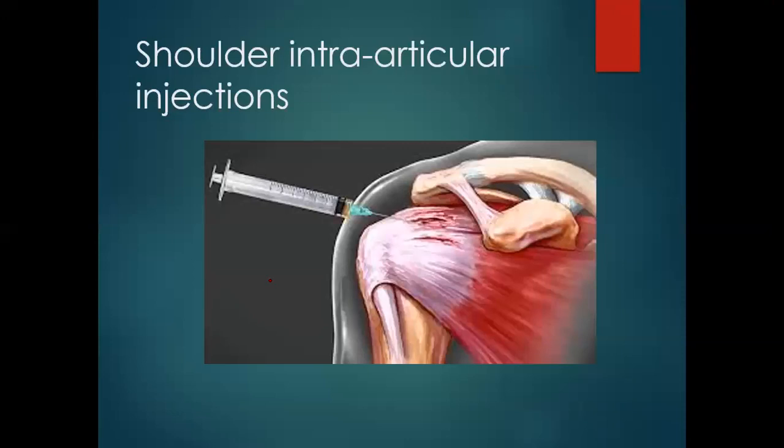Here's one of the ways to inject intra-articularly. So with an intra-articular injection, I find the acromion process, I palpate that, and then I'm going to go right over the humerus.